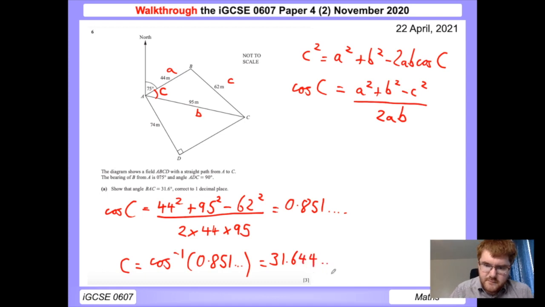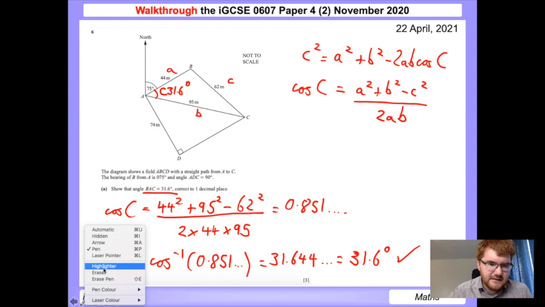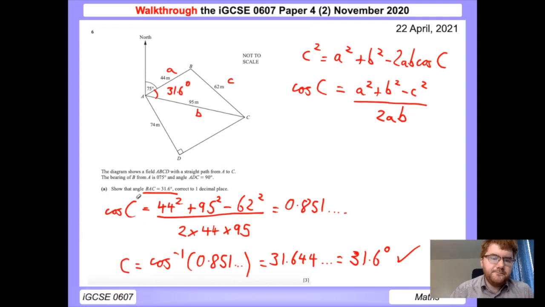Which of course is correct to the answer given, 31.6 degrees. And we've got our 3 marks in the bag. I love those kind of questions where you can guarantee you've got the mark there. So let's write that angle in, because I'm sure we're going to need that in a future question.